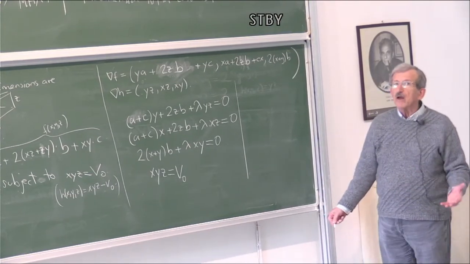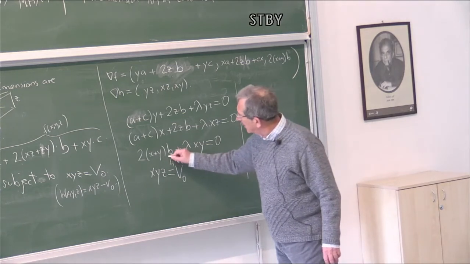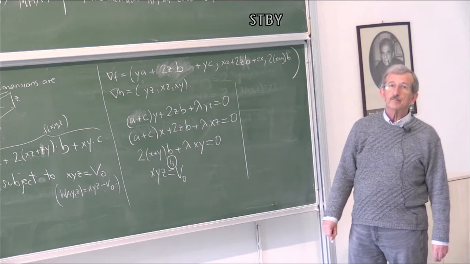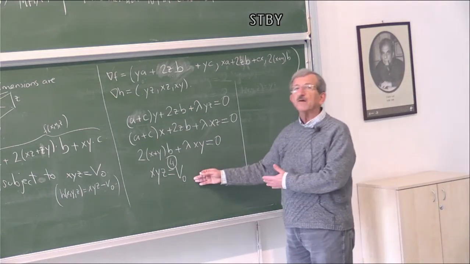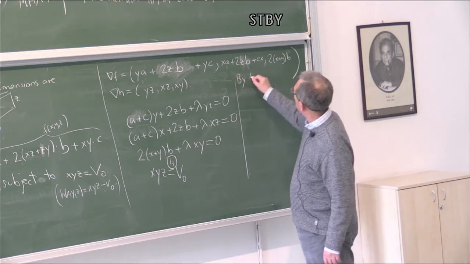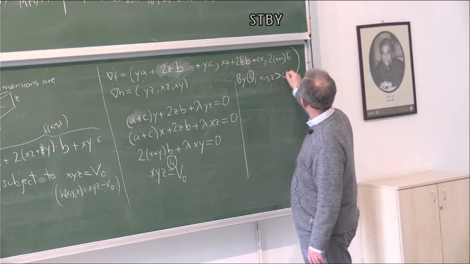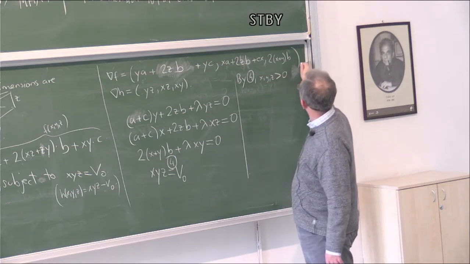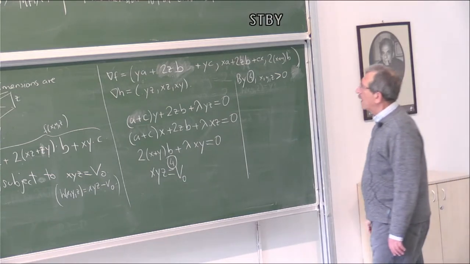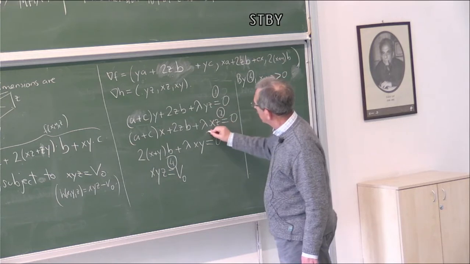Obviously they are non-zero because the fourth equation tells us none of them can be 0, because the condition will not be satisfied in that case. So firstly, by 4, x, y, z are strictly positive. Call these 1, 2, and 3.